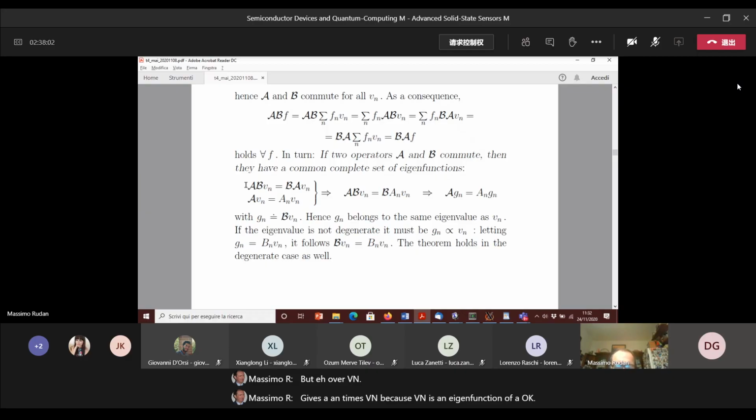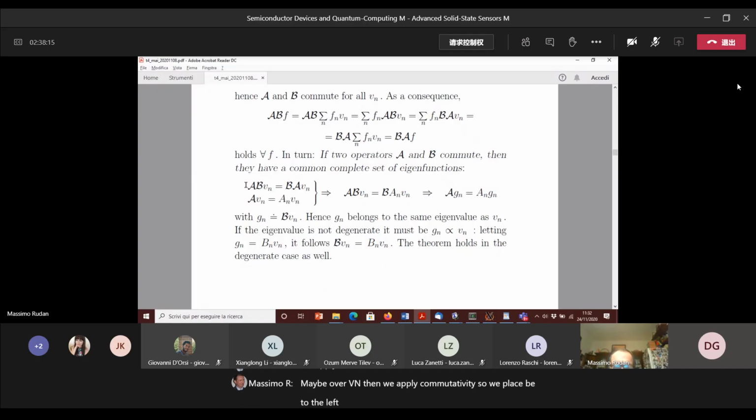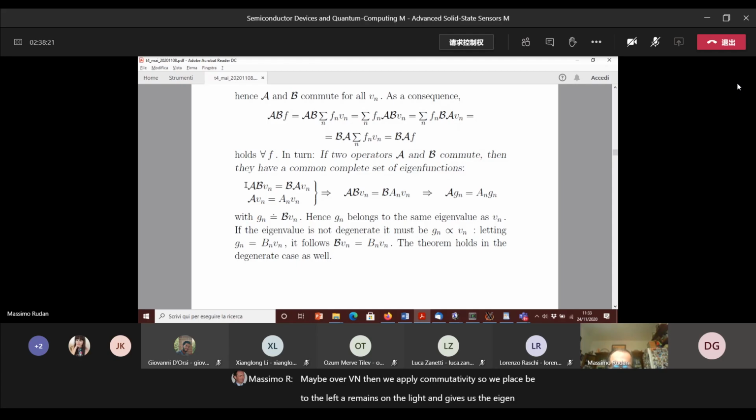Now, we apply AB over Vn. Then we apply commutativity, so we place B to the left. A remains on the right and gives us the eigenvalue An times Vn, okay?